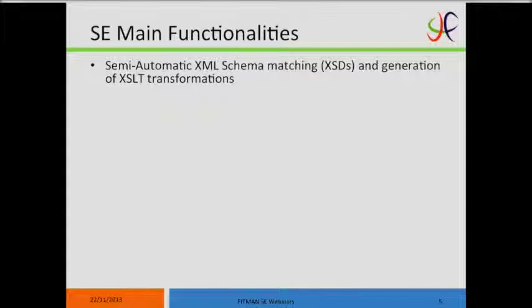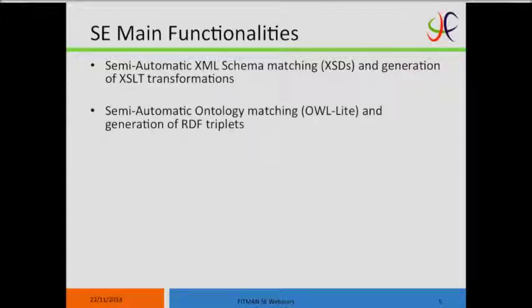Actually, the system tries to guess the different matchings, but you can always intervene and define some correspondences or delete others that are not appropriate. The same is also done with ontologies. So you can match ontologies and you can generate the different RDF triplets, which will allow at a later stage querying these ontologies.